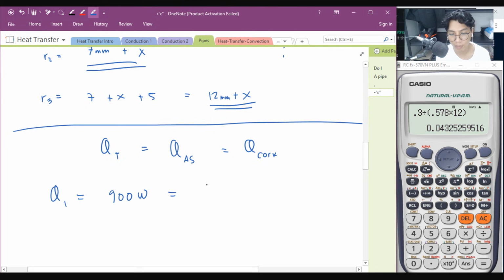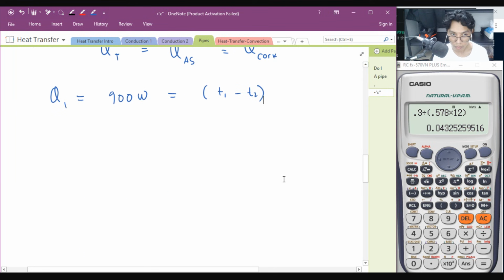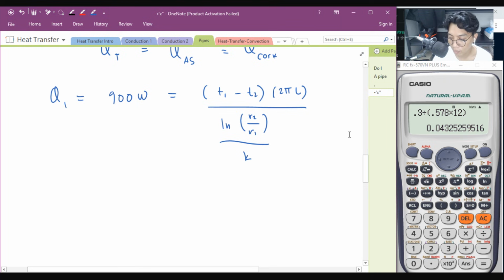And it is given by the formula T1 minus T2, yung inner. Yan binigay dito. T1 tsaka T2. 900 watts yung binigay sa'yo. So, 900 watts equals T1 minus T2 multiplied to 2 pi L over ln of R2 over R1 divided by K. Yung asbestos yan, ha?